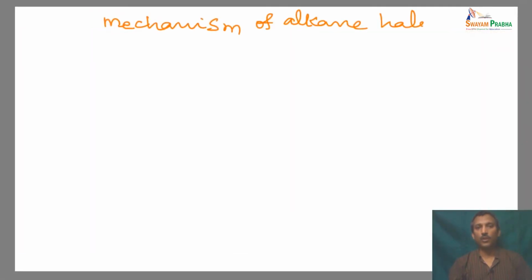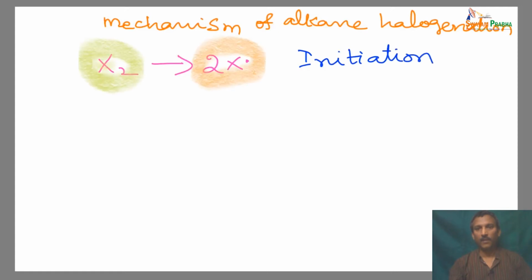So let us look at the mechanism of alkane halogenation. In this case, the halogen is homolytically cleaved to give two halogen radicals. This reaction is the initial stage, or the initiation reaction.